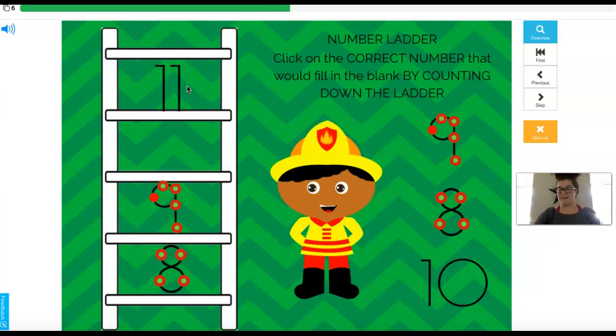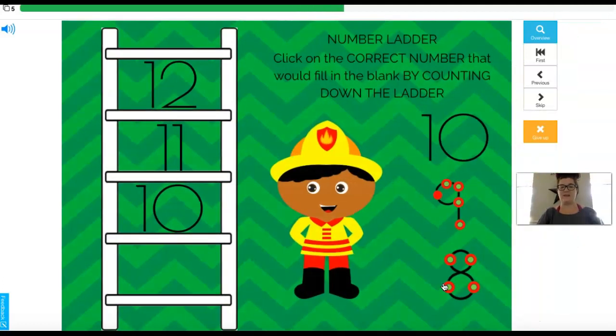Well, 1 less than 11 is 10. What goes in the blank space when I'm counting down the ladder? 12, 11, 10, blank. 1 less than 10 is 9.